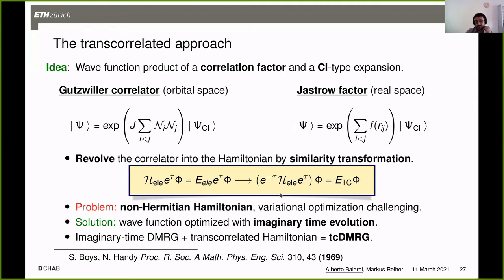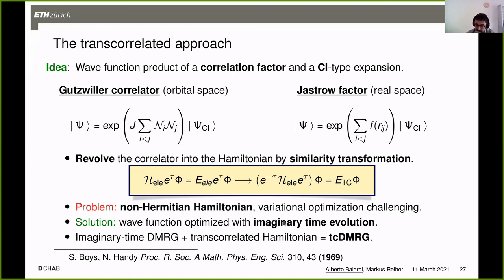And the idea behind the transcorrelated approach is to absorb the correlator into the Hamiltonian, to similarity transform it. Recently there has been a lot of work in this direction by the group of Ali Alavi, where they applied basically the same idea with full CIQMC. And the main problem is that the resulting Hamiltonian will turn out being non-Hermitian. So the variational optimization can be very challenging, as has already been pointed out in a previous talk during this conference.